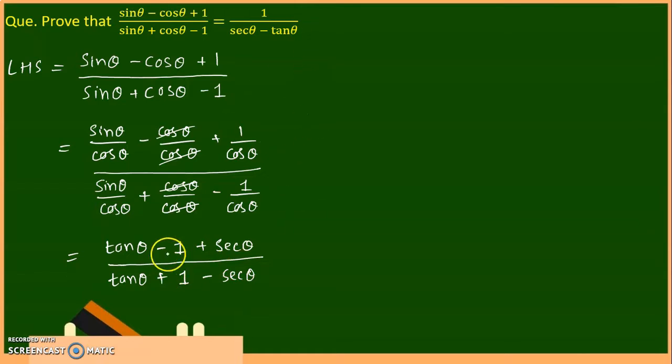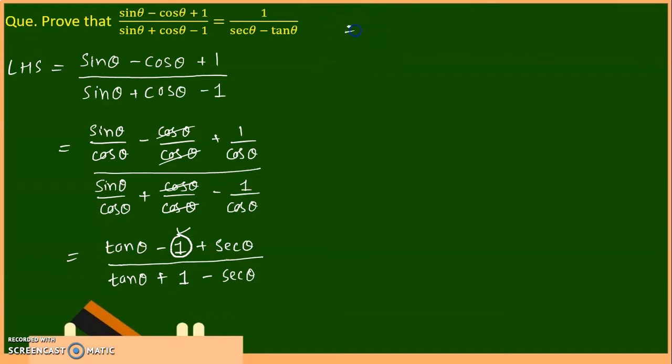Now see the next step. Here in the numerator, in place of 1, we have three identities. First, sin square theta plus cos square theta equals 1; second, sec square theta minus tan square theta equals 1; and third, cosec square theta minus cot square theta equals 1. Here we have sec theta and tan theta, so in place of 1 we can write sec square theta minus tan square theta.